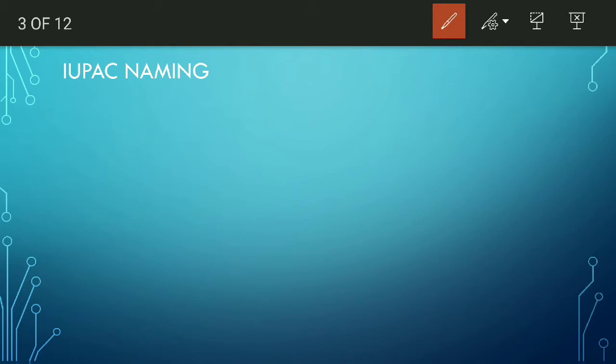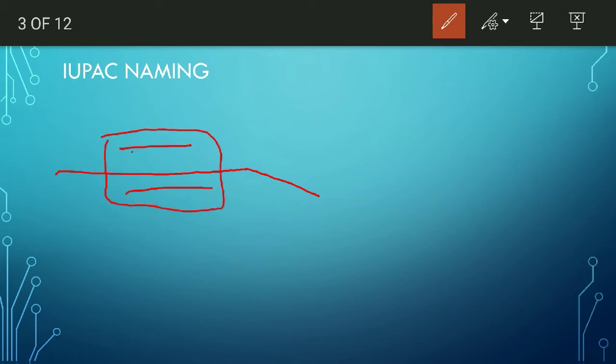Now we will understand this through an example. So if I have a compound like this, then one thing that you have to remember is that when this triple bond ends in this corner, here and here, left and right side, there will be a carbon.